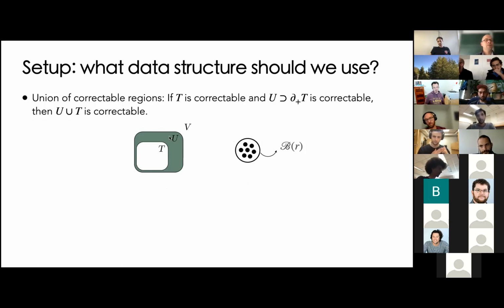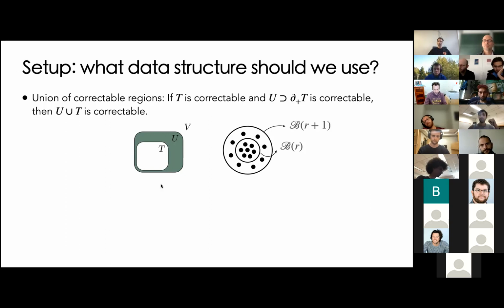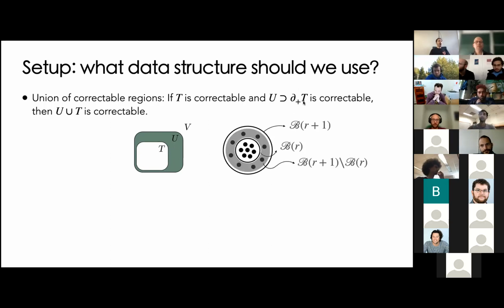Okay. So how does this affect our choice of data structure to represent our code? Well, we've got some set of qubits, and this structure is given to us as a graph. I'd like to understand if this set B of R, some ball of radius R, is already correctable, and I take one step and envelop more qubits, then in what sense is the expanded object still going to remain correctable?